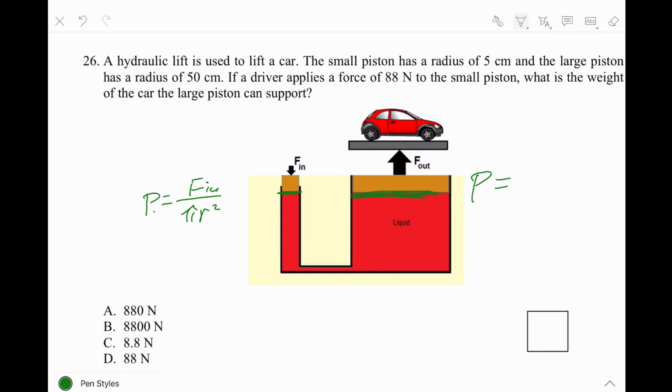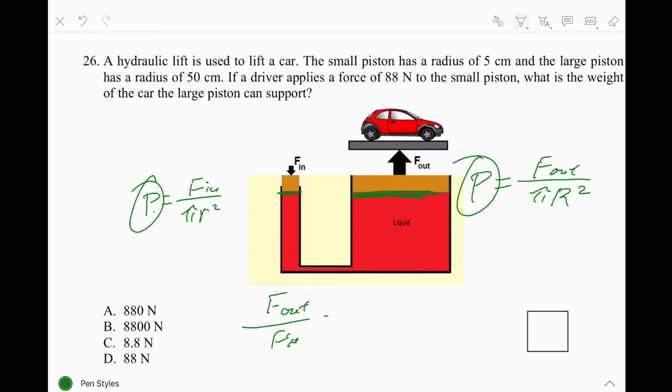At this point it is F out over pi big R square. These two must equal the same pressure. So the out over the in is equal to R square over r square.